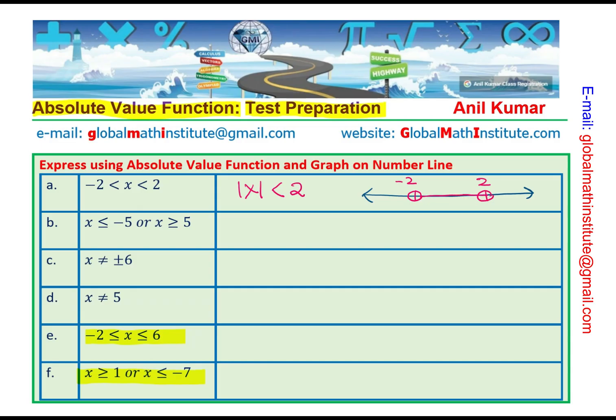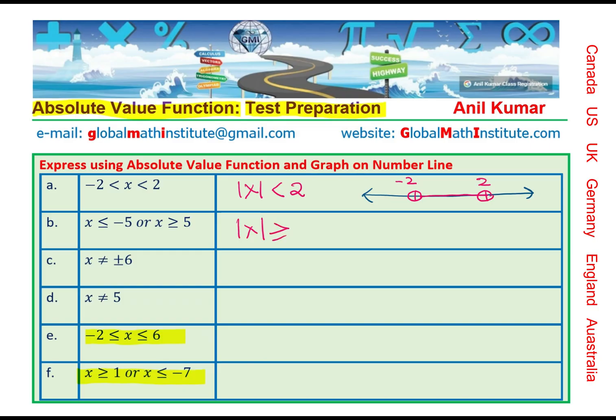Clear? The next one is x is less than or equal to -5 or x is greater than or equal to 5. It means away from. You get the idea, right? So here it is absolute value of x is greater than or equal to 5. So it is away from.